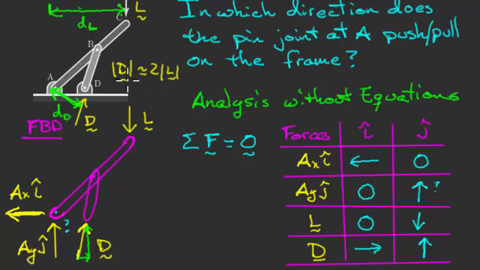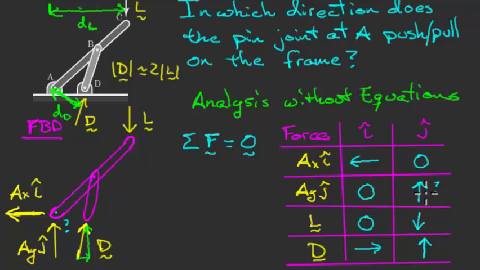So if D is about twice as big as L, then this fraction going upward has to be bigger than L. Since this part from D is big going up, bigger than the part of L going down, that means I need more force down in order to get this all to cancel each other out.